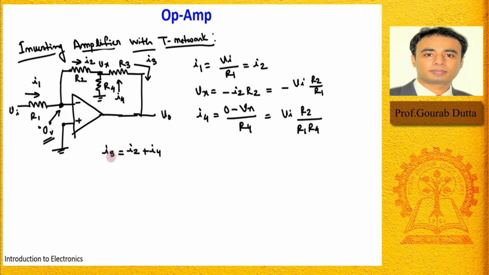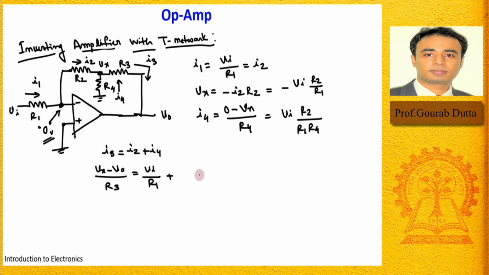Then how can we represent this I3? I can write I3 like this. It is Vx minus V0 by R3, right? What is this I2? I2 we have already found in terms of Vi. It is Vi by R1, right? What is I4?